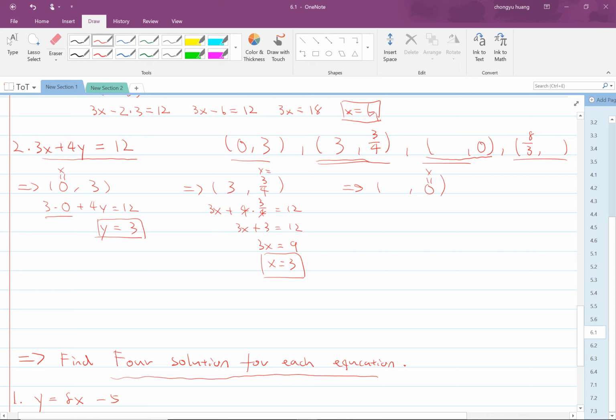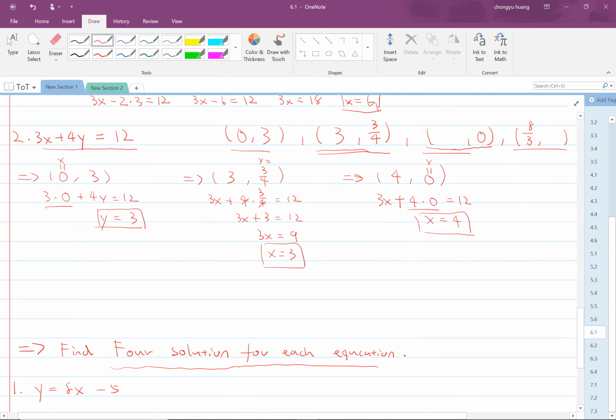So you plug in: 3x plus 4 multiplied by 0 is equal to 12. 4 multiplied by 0 is 0, so 3x equals 12, x equals 12 divided by 3, so it's actually 4. So we find x is equal to 4, and we find a point.